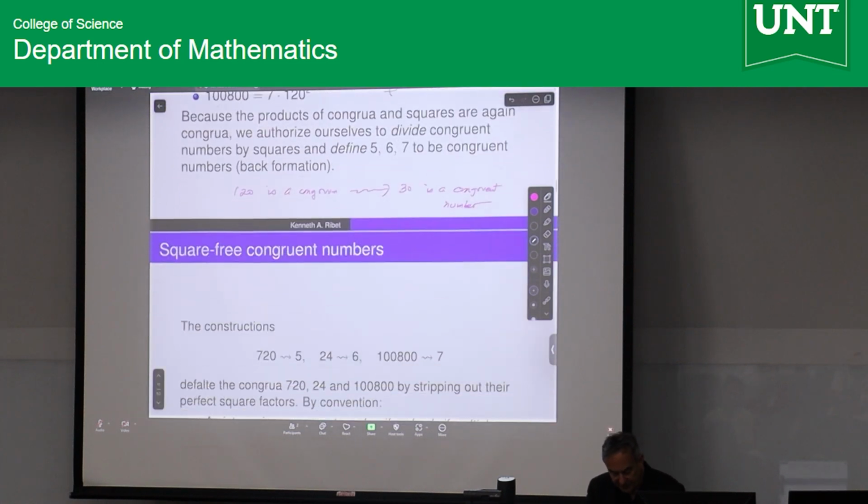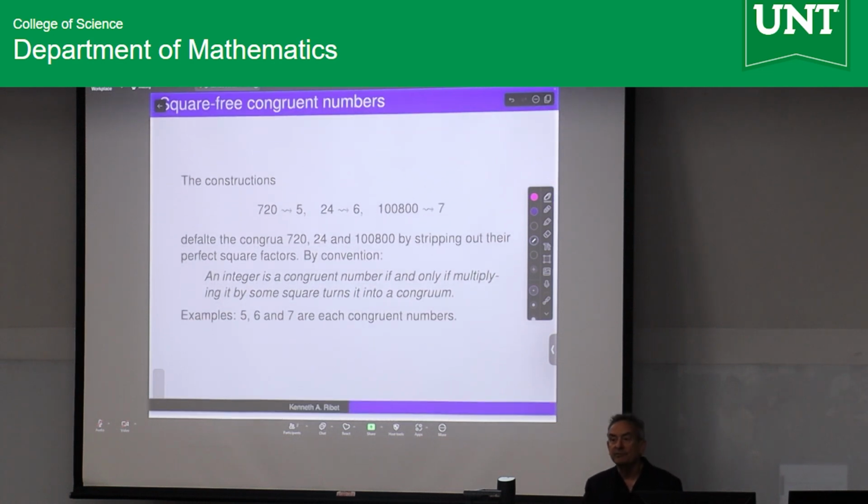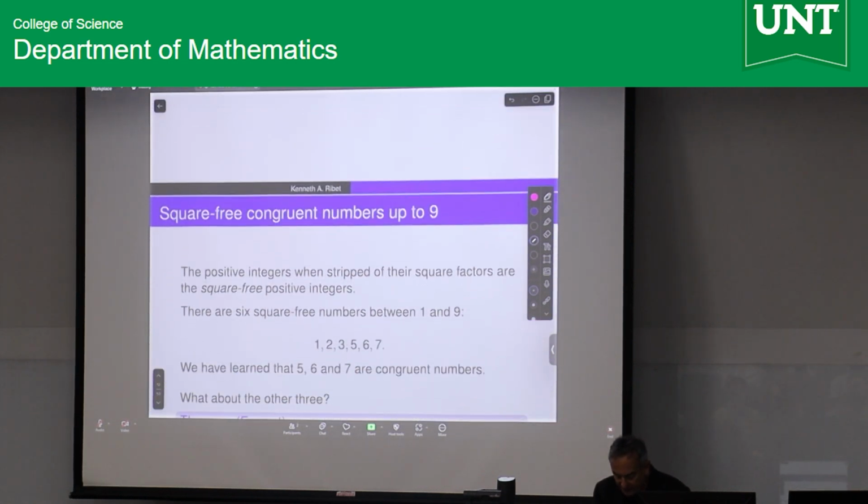So if I go to the next slide, you see only things that I've already mentioned. So I do this a lot when I lecture, because I think my students can't really read my handwriting very well. So I write something for them, and then I flip to a slide, and the thing is typeset, so they can see it the second time. So 5, 6, and 7 are congruent numbers, and you can ask, what about other numbers?